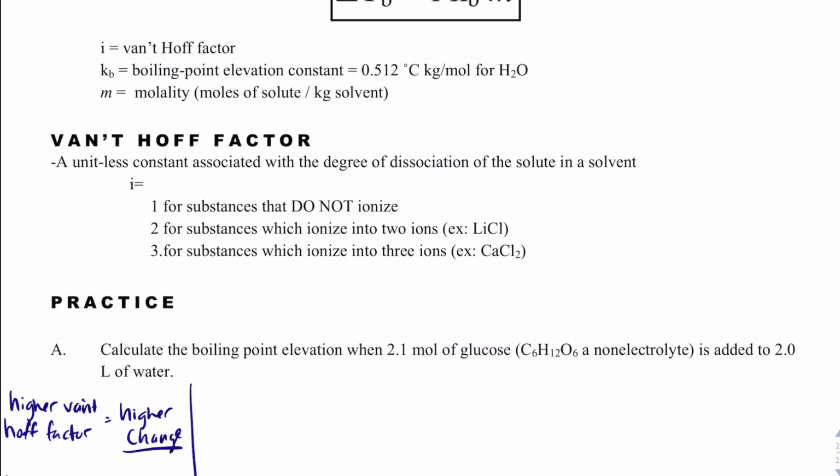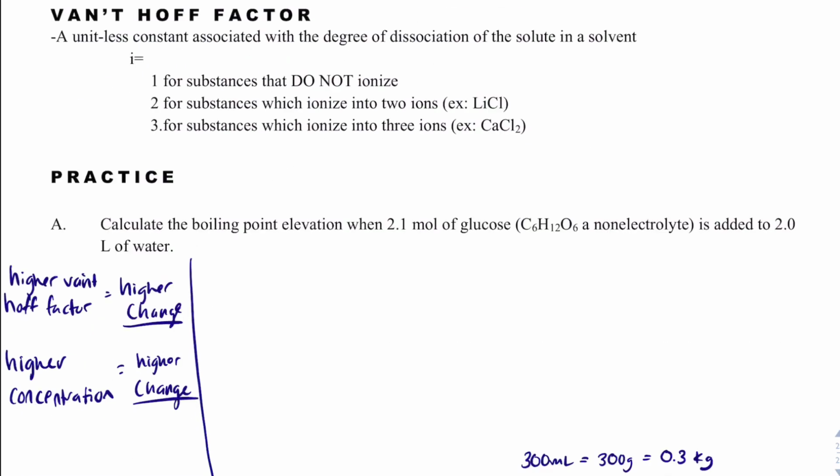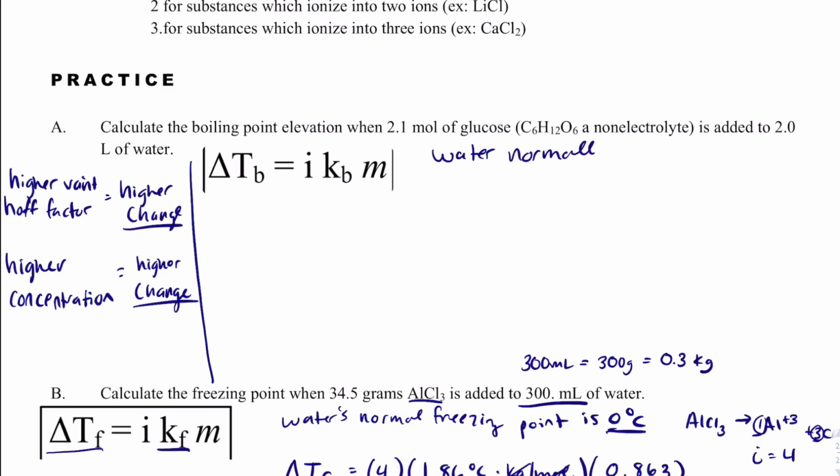So let's think about this equation. This is going to be the change in boiling point. Water normally boils at 100 degrees Celsius. So this equation is going to tell us how much higher the boiling point will be, how much above 100 degrees Celsius.